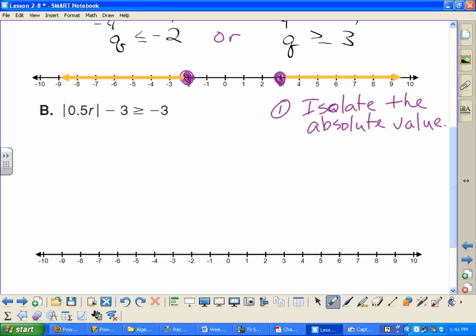So the first thing we're going to do is add 3 to both sides. So we get the absolute value of 0.5 r is greater than or equal to 0.